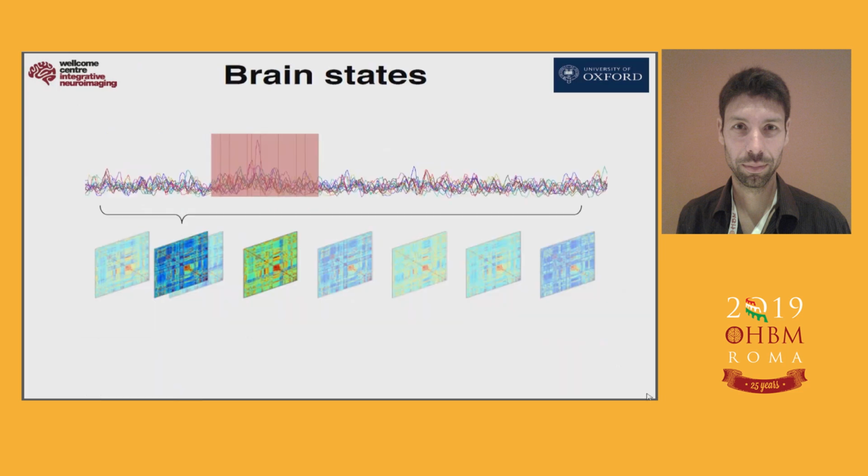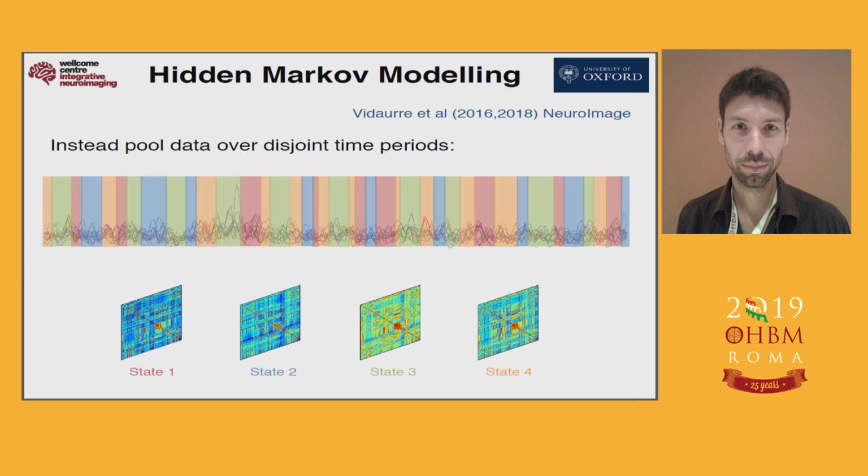So what we normally do, or we like doing, is to change this approach and look at a different perspective, which is based on brain states. We assume that the time series can be reasonably described using a discrete number of states, so that each state can go on and off sometimes, and they recur over time, so that we can pool from these occurrences to estimate each of these states with a lot more data than you would be doing with a sliding window.